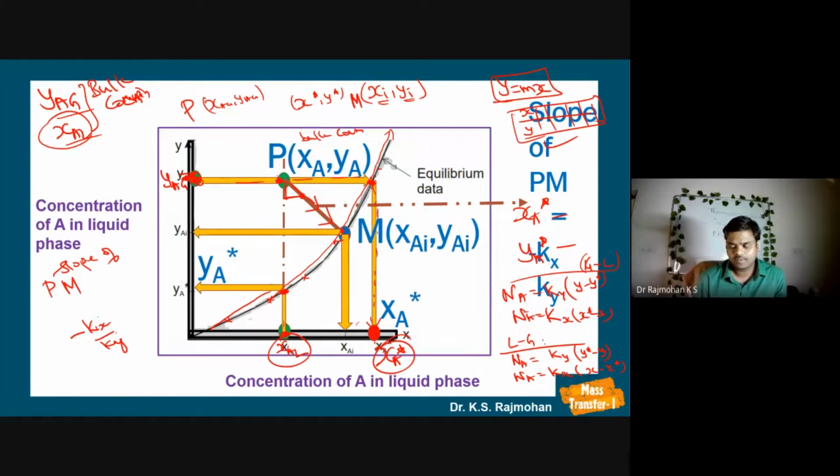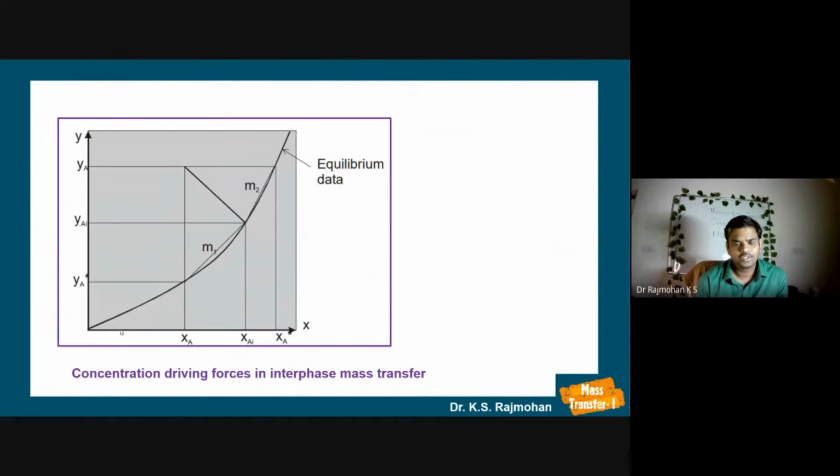So what are kx and ky? We have seen individual mass transfer coefficients. So that's what it will look like: the point P, point M. This is your interface concentration xai comma yai, and this point P is your xal comma yag.